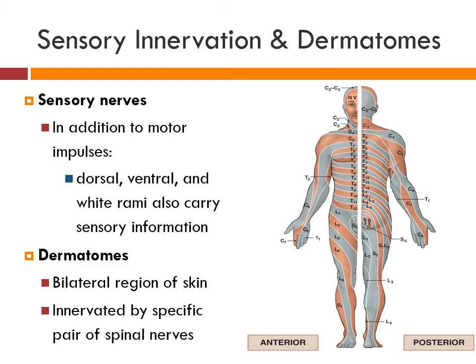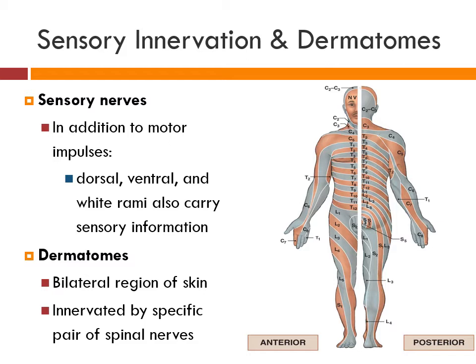But once it gets into that spinal nerve right at that intervertebral foramen, the sensory information splits off and goes to the dorsal root ganglia into the posterior horn, whereas the ventral root is bringing motor commands from the spinal cord out to the spinal nerve. So the spinal nerve is bringing sensory information back to the spinal cord through the dorsal root ganglia.